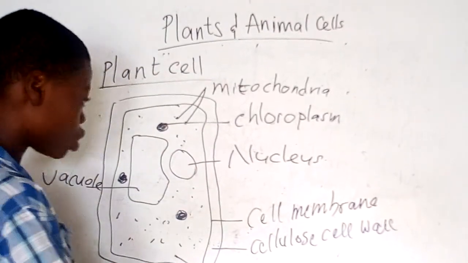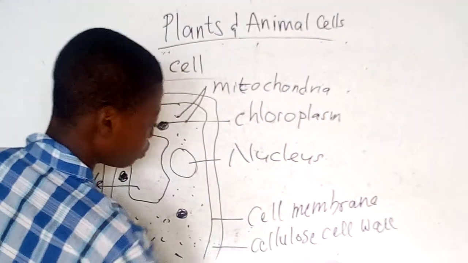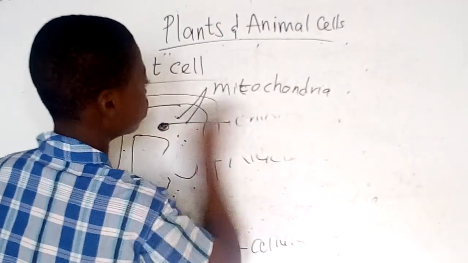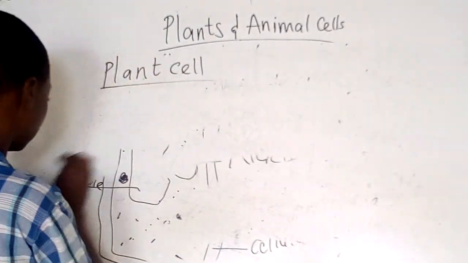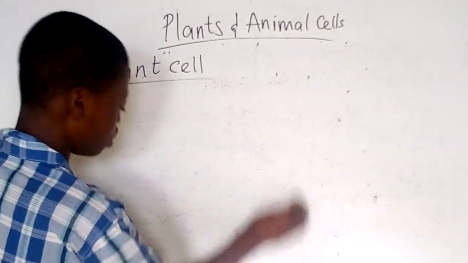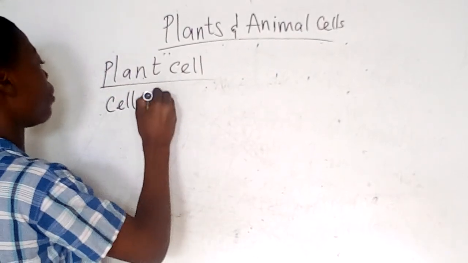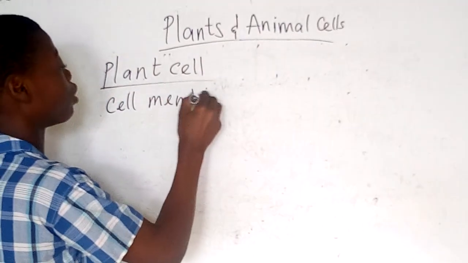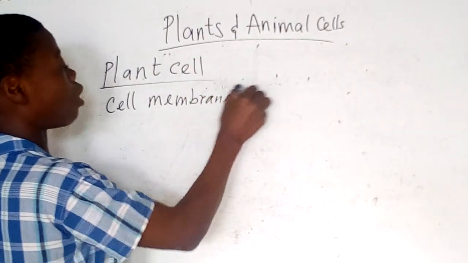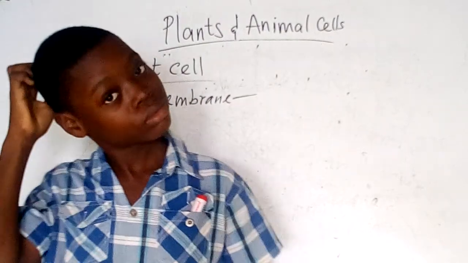Okay, you're going to the parts of the plant cell and their functions. Okay, you're going to take the cell membrane. Now, what does the cell membrane do in the plant cell?